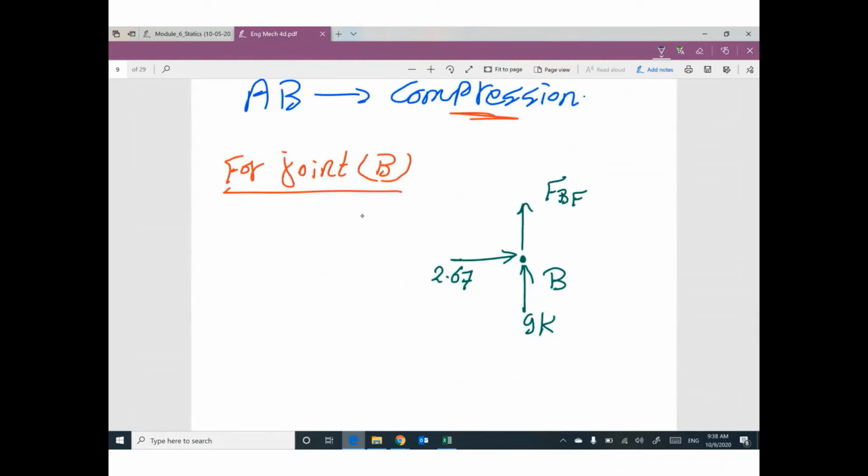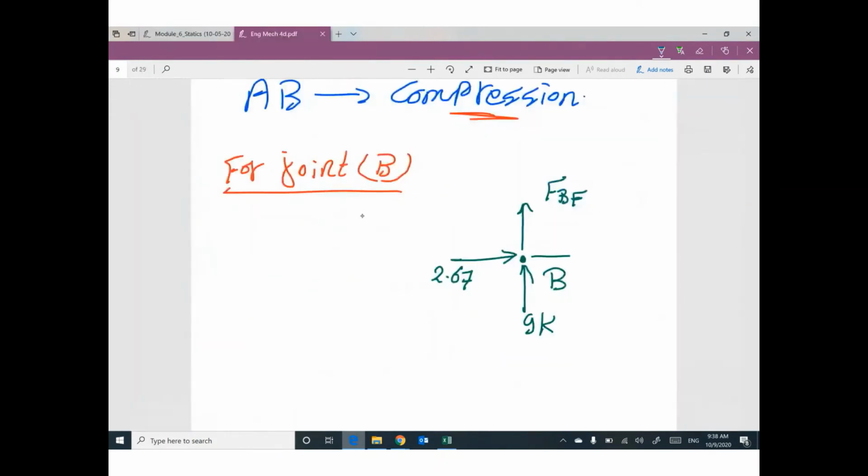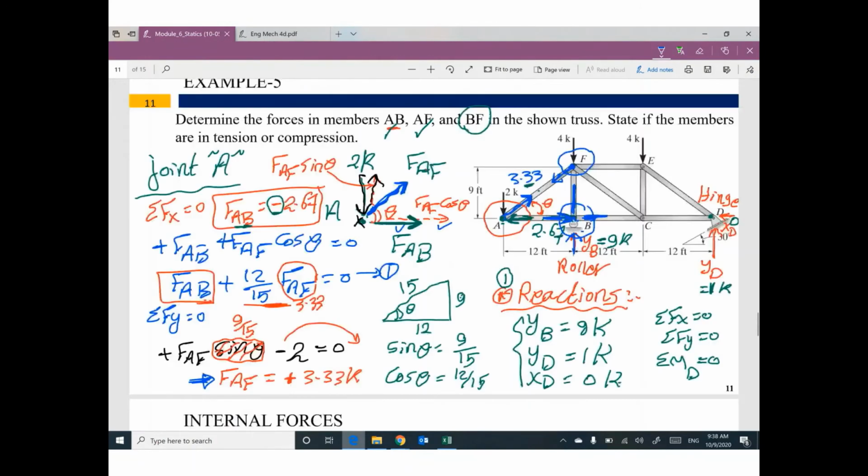We have another member here, BC. Guys, we are looking only for this force. Make sure you remember it. At joint B, we have only 1, 2, 3, 4 things intersecting.